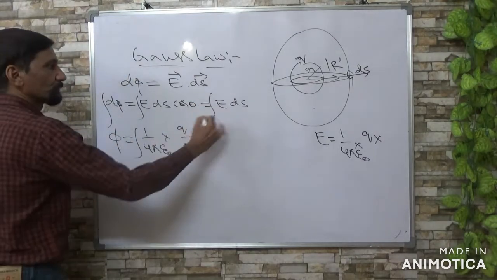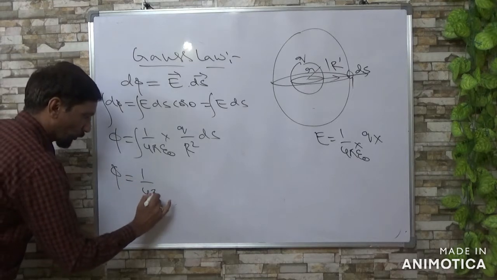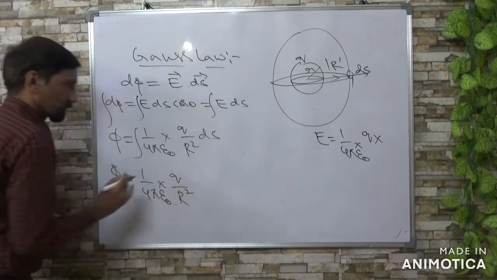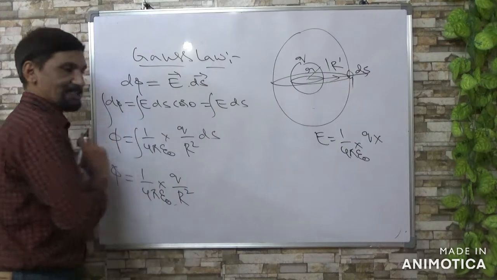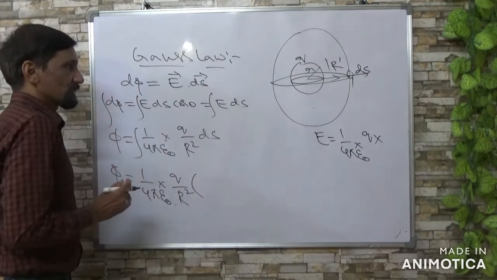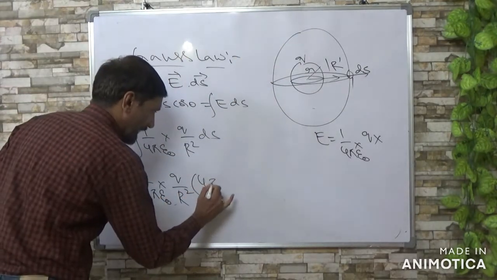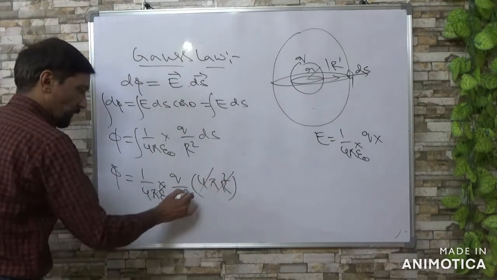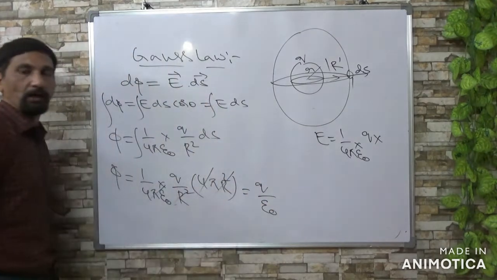Now flux is equal to 1 by 4 pi epsilon naught, Q by r square you can take outside. So only integral ds. Now integral ds equal to S, means surface area of this sphere, 4 pi r square, right? 4 pi r square cancelled. You get Q by epsilon naught.